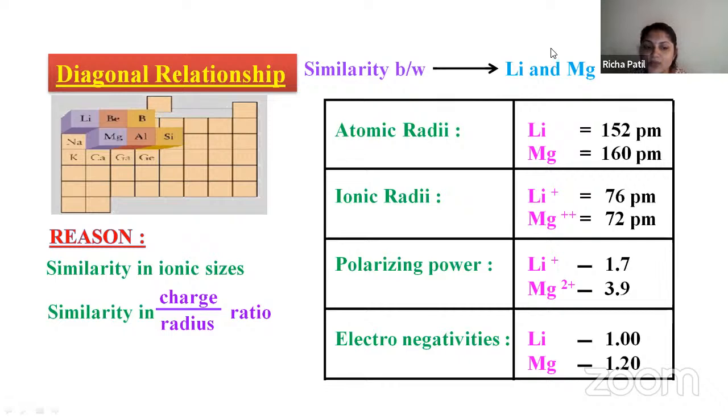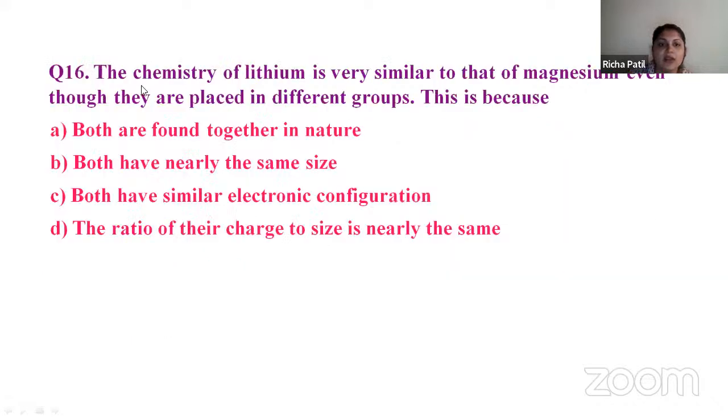What is the reason? It is due to their similar ionic sizes and charge to radius ratio, so they show a diagonal relationship. The chemistry of lithium is very similar to that of magnesium, even though they are placed in different groups. Why?